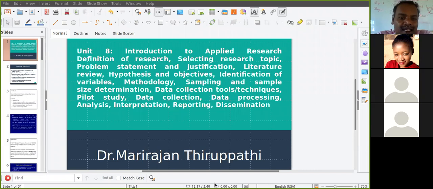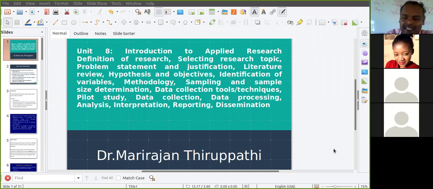The third one, problem statement and justifications. You selected a topic, but you need to justify why you have selected that particular topic. That is called problem statement and justification of the problem. Then the fourth one, literature review.